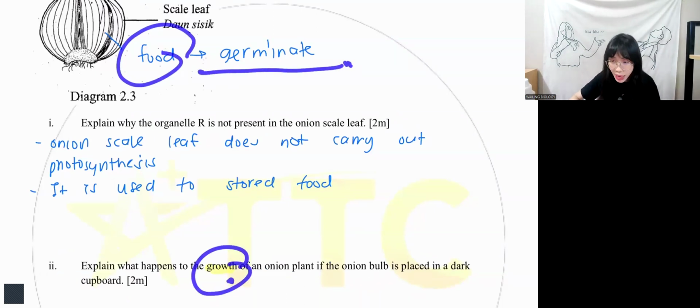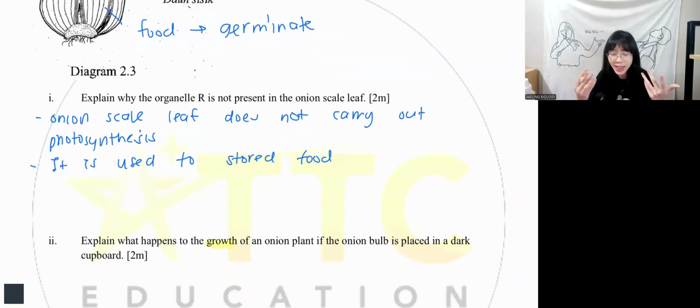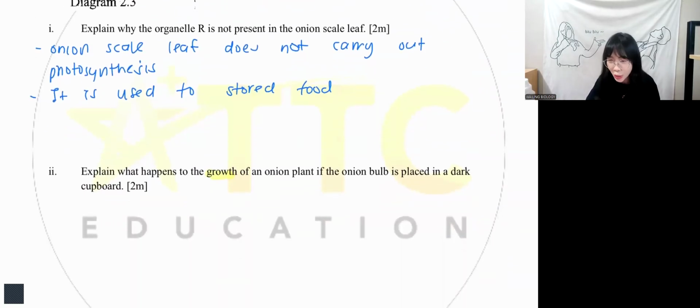Will the growth become faster or slower? Slower. Why? Because the food is being used up, right? Because they have to form leaf. But in the dark or not, it doesn't make any difference because they don't need sunlight. This is just to trick you, guys. When they say place in the dark cupboard, it's not related at all because they don't use sunlight, right?